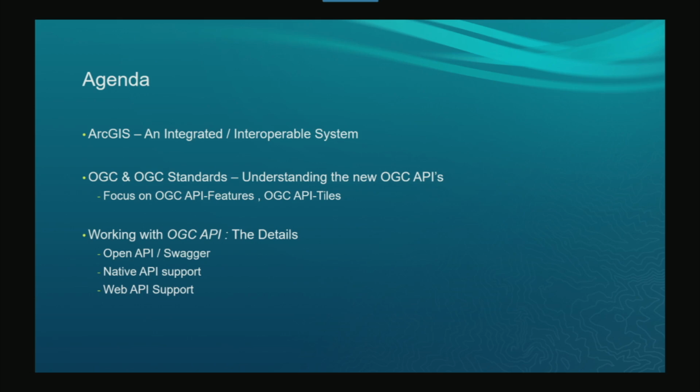To make this conversation fit within the time, as well as to keep the focus, it's going to be on what's called the OGC API Features. That's the one we're going to really focus on. Given the many initiatives happening within OGC, we're going to keep the focus on OGC API Features and a bit on the OGC API Tiles specification. And then, like I said, Hisham and Richie are here, so they're going to go into more detail, making sure that the developers in the crowd are happy with what you get to see here. Okay?